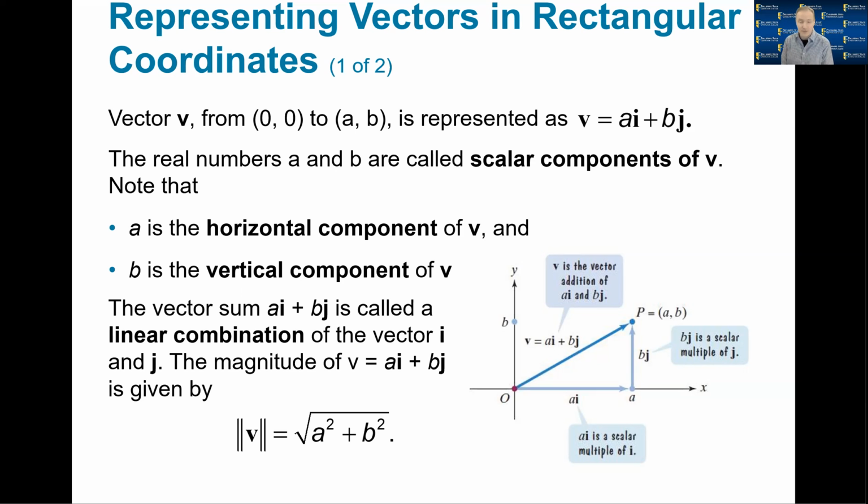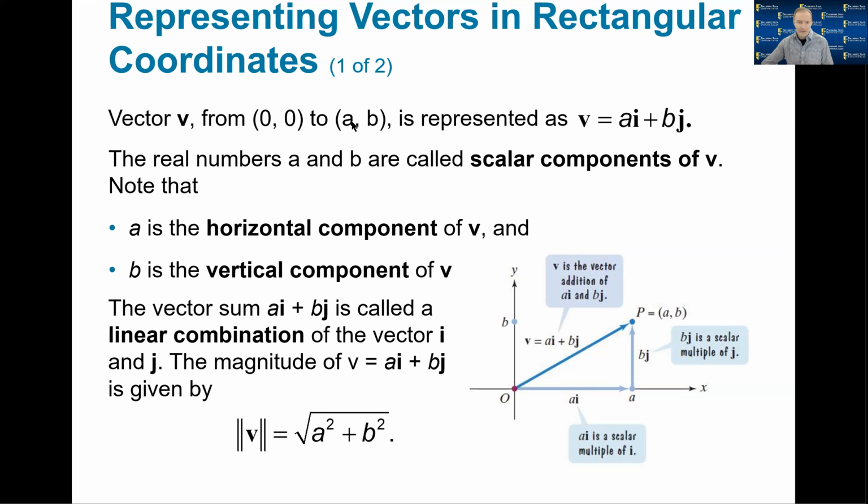Since i is the unit vector in the horizontal direction, then any change of number of units in that direction is going to be the coefficient of i. Since j is the unit vector in the vertical direction, any change in the y values would be the coefficient of j. So you could quickly and easily see where this ai plus bj comes from.